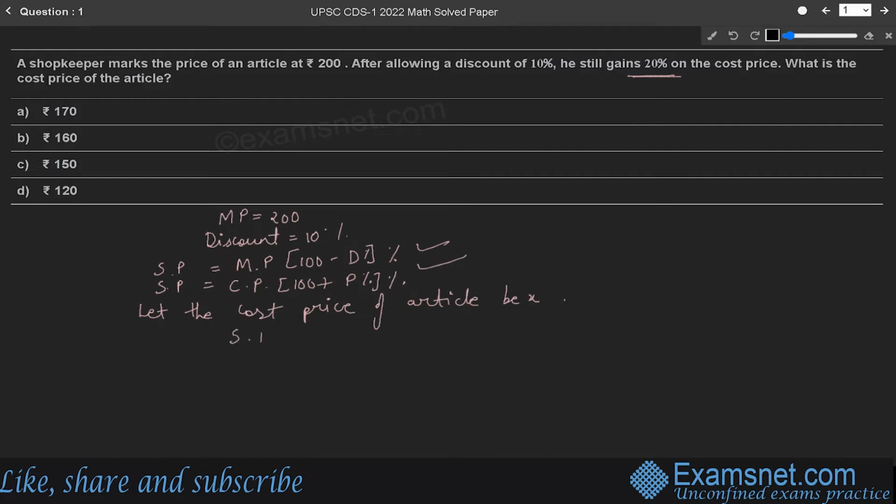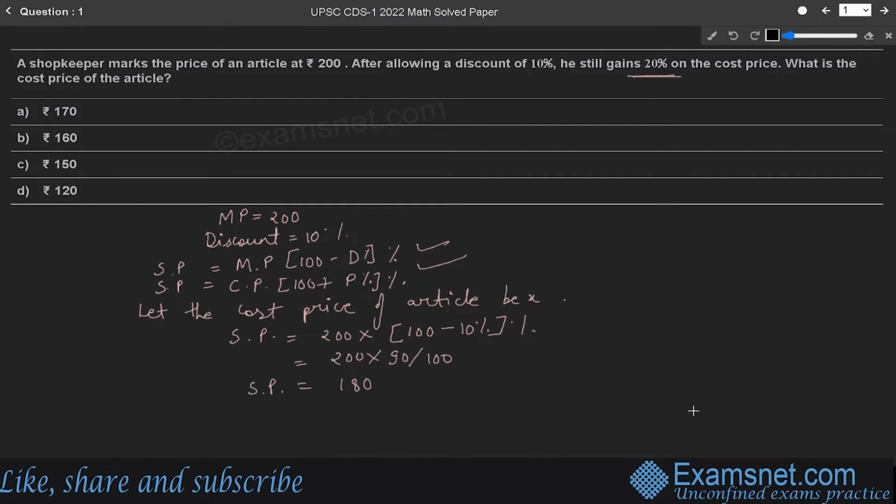So we know that SP will be equal to 200 into (100 minus 10%) because the marked price is given, which is 200. On further solving it will be 200 into 90 upon 100, which gives 180. So we can say that the selling price is rupees 180.